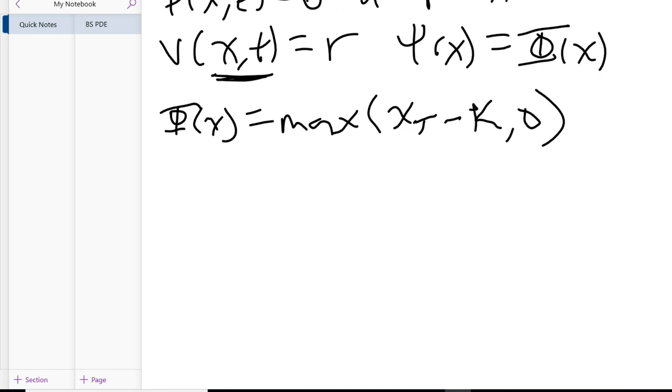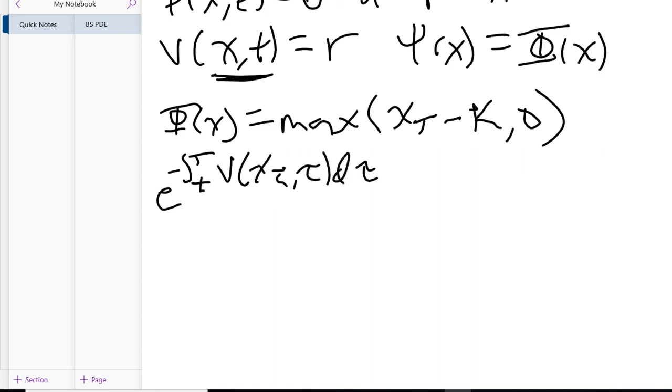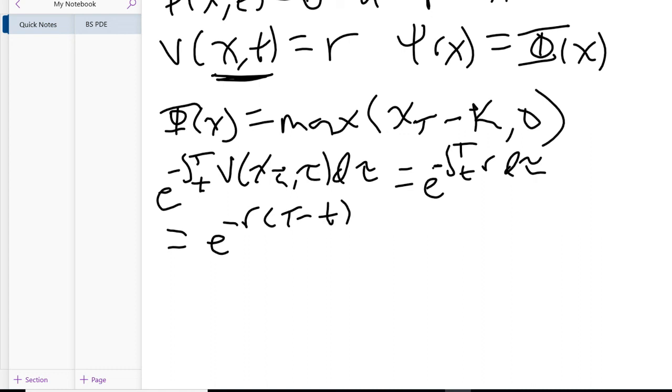Another thing to note here is, since we have this constant r, the function in the notation I just wrote out, the exponential of the negative integral from little t to big T of v(x_tau, tau) d tau, is the same thing in our case as e to the negative integral from t to big T of r d tau, which is just equal to e^(-r(T-t)). So that can be important to note, so we don't have to do it later.